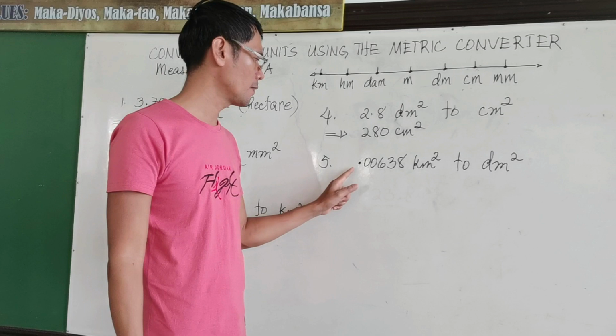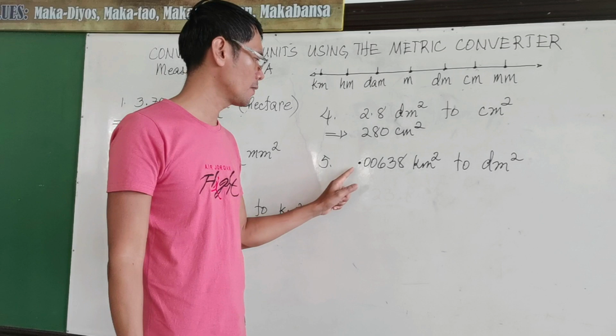So that's 5, we add three 0s to make it 8 decimal places. So 1, 2, we don't need to write the 0. So we have 6, 3, 8. 1, 2, 3, 4, 5. So that's 5. Then 6, 7, 8. Square decimeters.